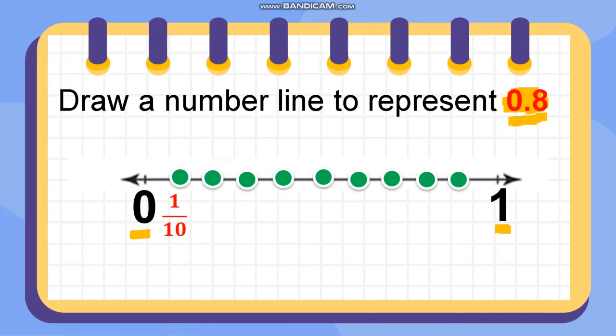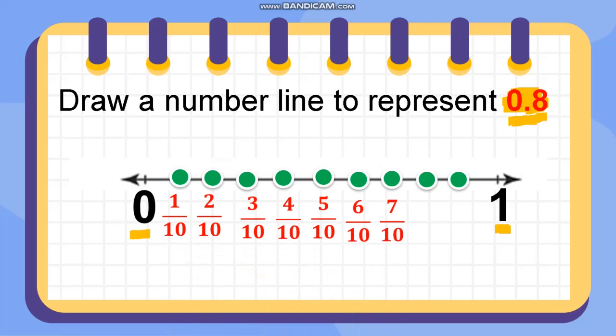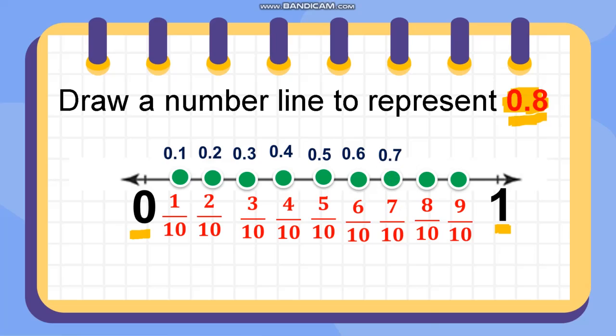So it means I have 1 tenth, 2 tenths, 3 tenths, 4 tenths, 5 tenths, 6 tenths, 7 tenths, 8 tenths, 9 tenths. Where is 8 tenths? 8 tenths is this one. 1 tenth is 0.1, then 0.2, 0.3, 4 tenths is 0.4, 5 tenths is 0.5, 6 tenths is 0.6, 0.7, 0.8, and 0.9.